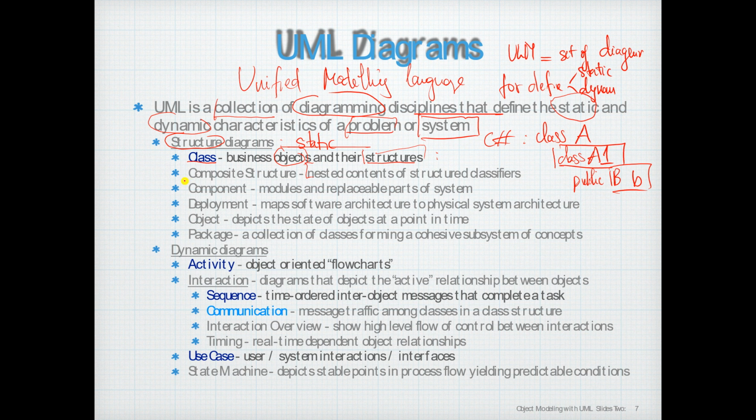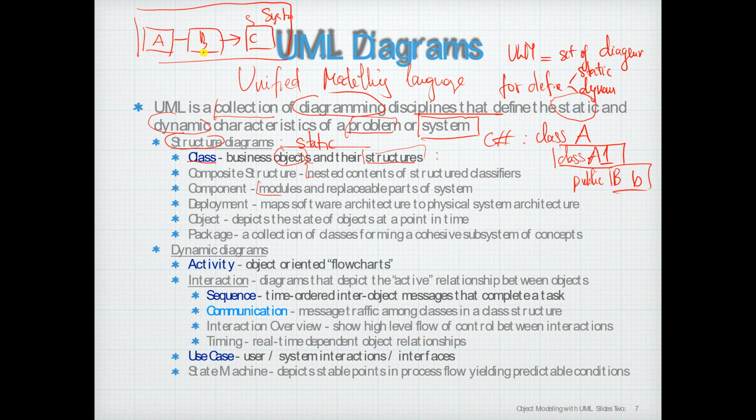A component is a module that can replace parts of the system. You have a system, so you define some components here. For example, you have component A, and it connects to component B and component C, and all of these become our system.